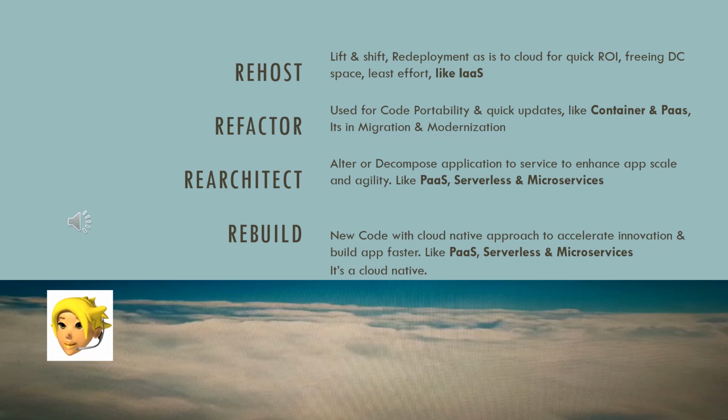We have seen rehost, refactor, re-architect, rebuild in cloud computing. Here we can also see database sharding, a type of partitioning that lets you divide your larger database into smaller databases, which can be managed faster and more easily across servers, right?